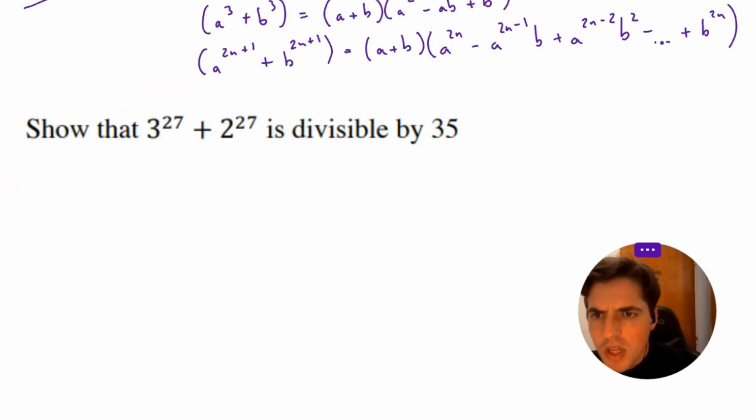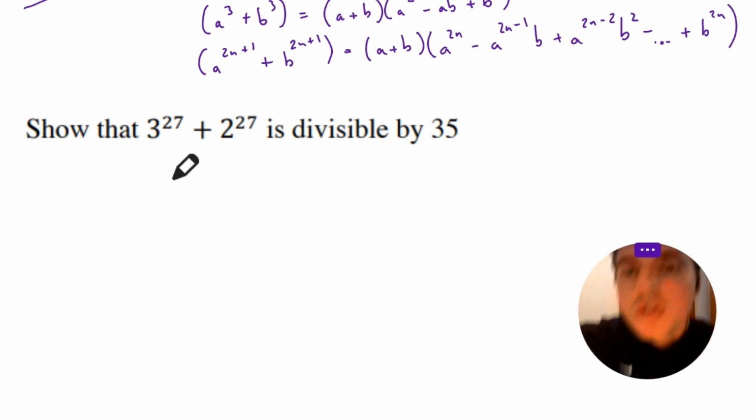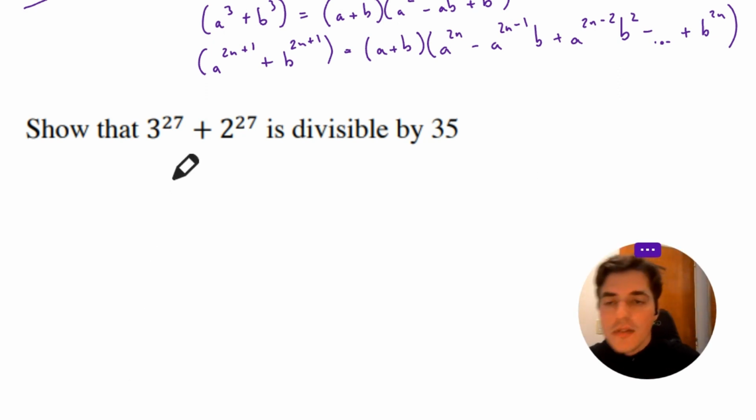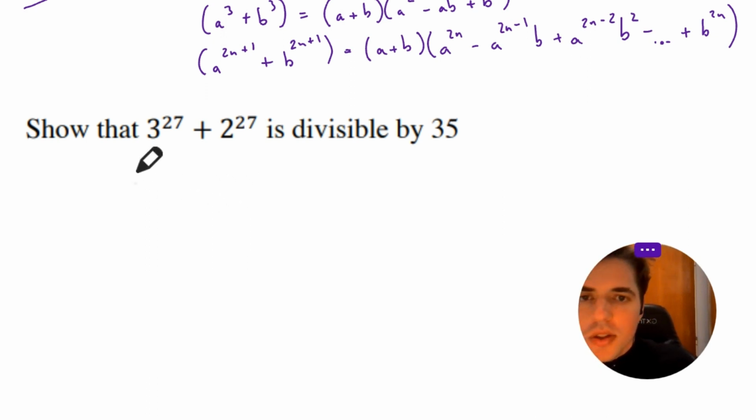Okay. So we have 3 to the 27th plus 2 to the 27th divisible by 35. Now I think at first glance, just using this straight away, we would factor out 3 plus 2.